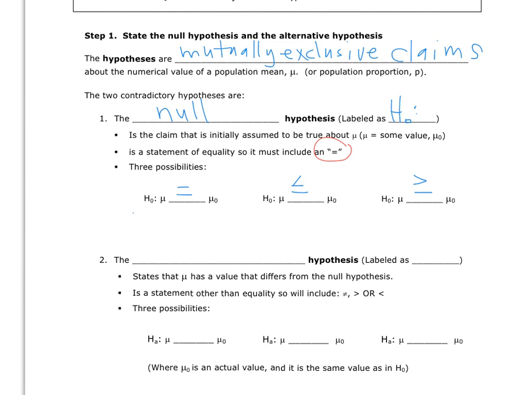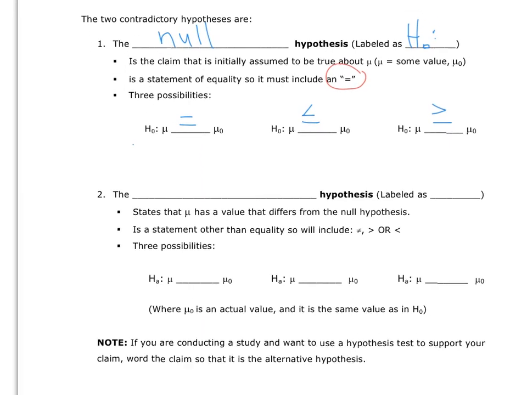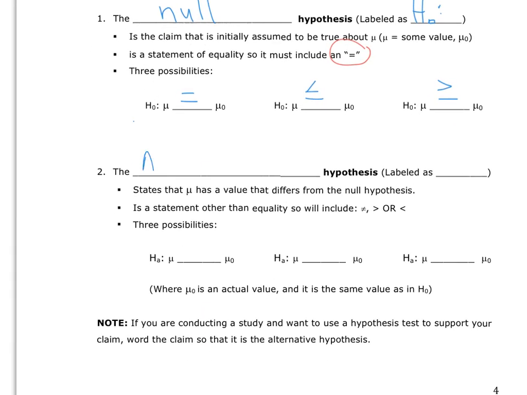Okay. The second hypothesis is the alternate or alternative. And it can be said either way, alternate or alternative hypothesis. And we label that as H for hypothesis and then lower or subscript of A for alternative.